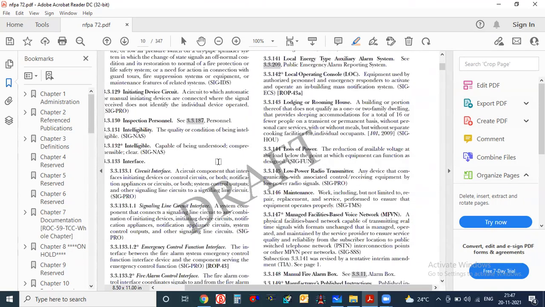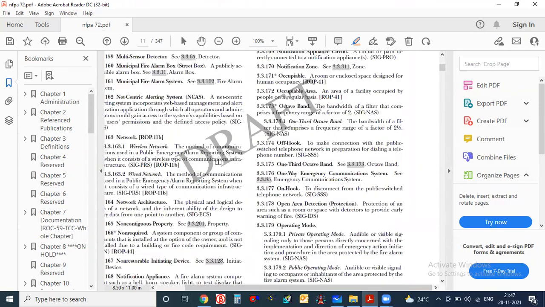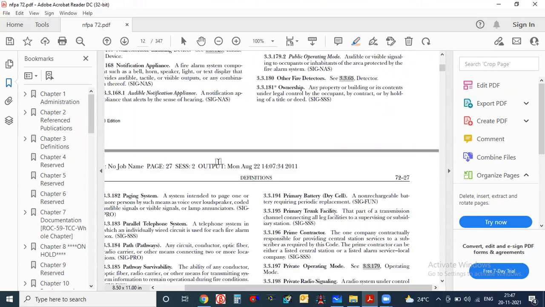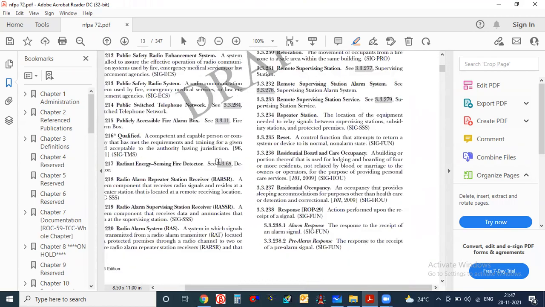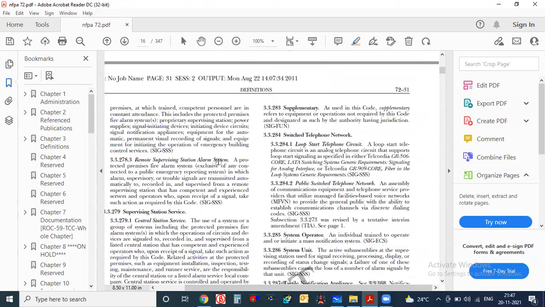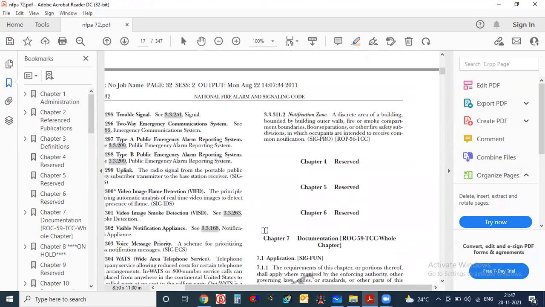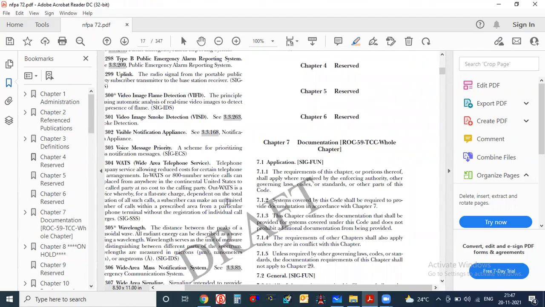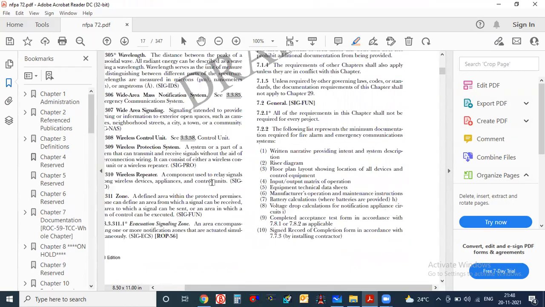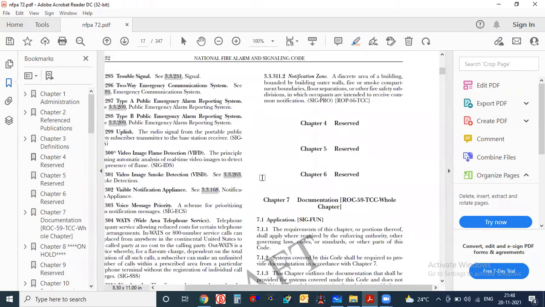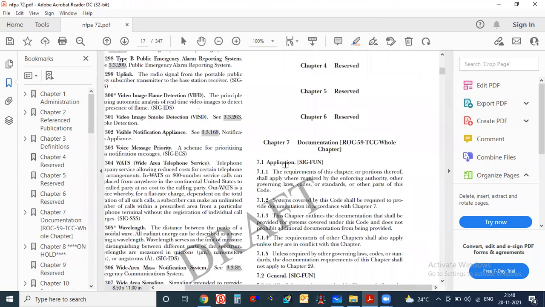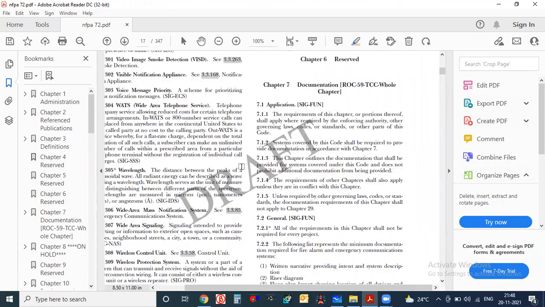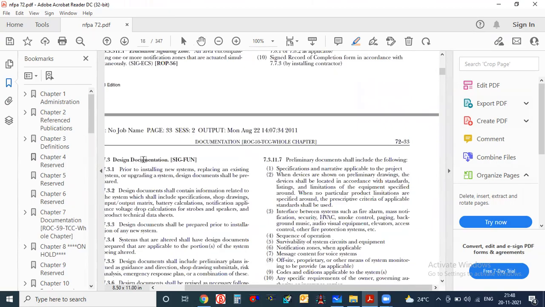After these definitions, let us see what is the important section they have given. If we just skip this part, they have given a different chapter. Documentation: design documentation, I think this is a certain step procedure for design.